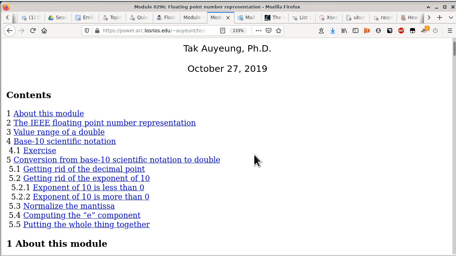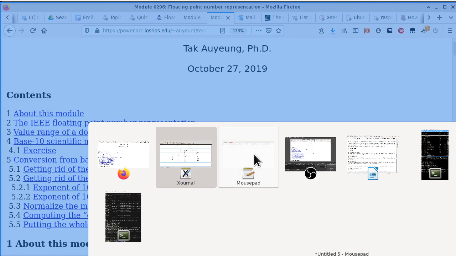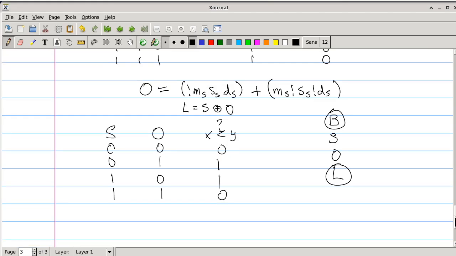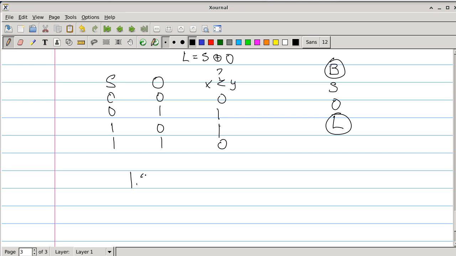Right. On a normal calculator, in base 10, if you want to say 1.23 times 10 to the power of 40, okay? This is called the mantissa, and this is called the exponent.